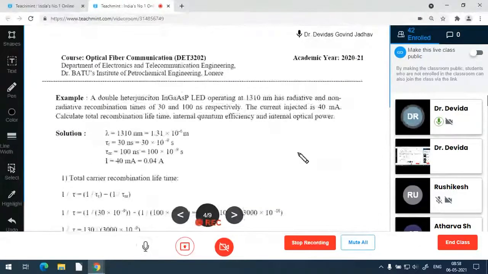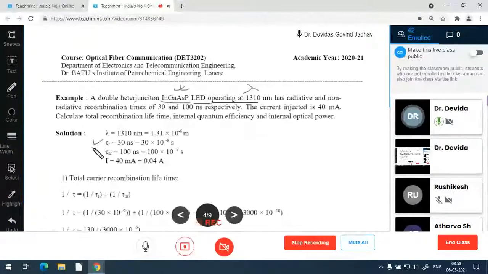So let us go to the next numerical. A double heterostructure indium gallium arsenide phosphate, the semiconductor alloy, LED operating at 1310 nanometer. So this is the lambda, 1310 nanometer. It has radiative and non-radiative recombination times tau r and tau nr.